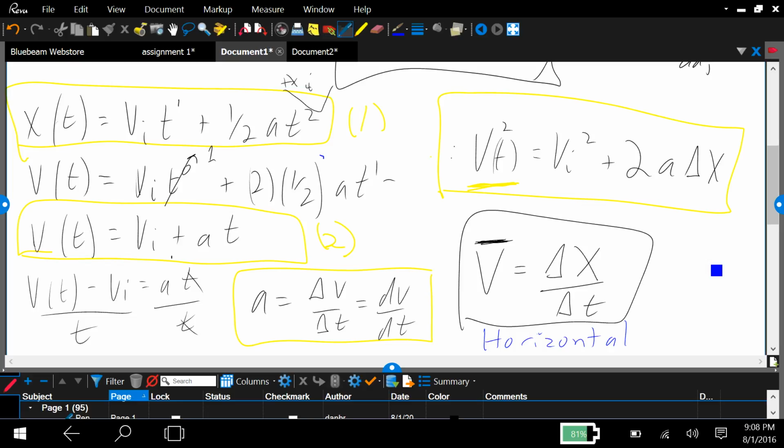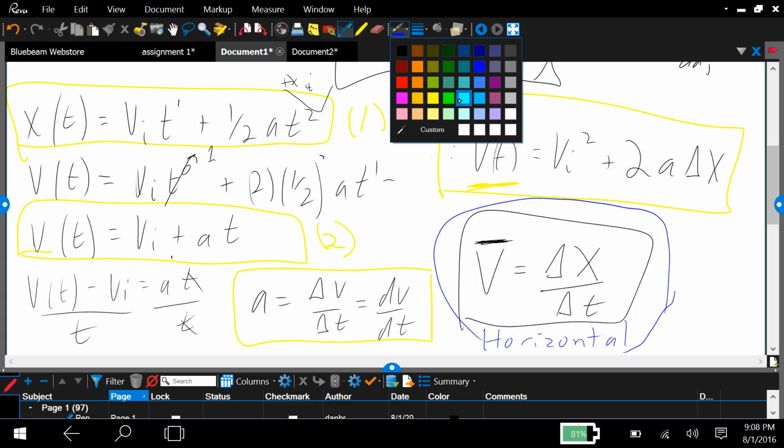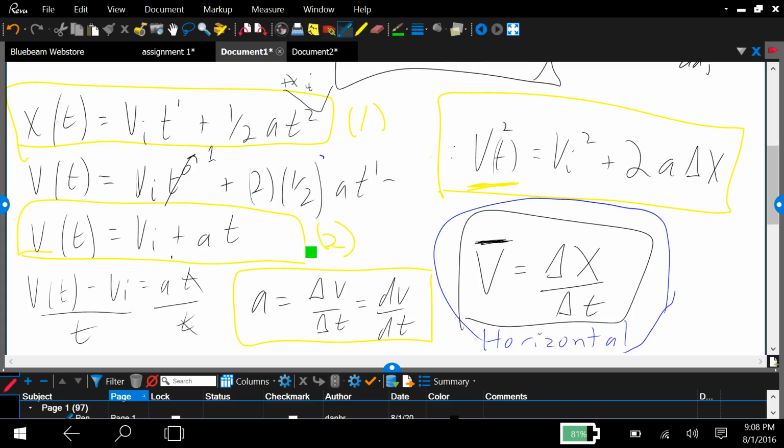Long arrows travel fast, short arrows were slow, and the blue arrows were the same length. So I'm going to use this kind of formula right here for my horizontal motion with a blue arrow. For the green, I want to use something that involves acceleration due to gravity. And so I'm going to use something more like this or something more like this.